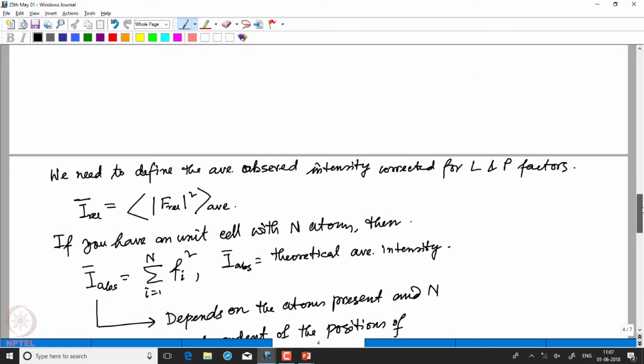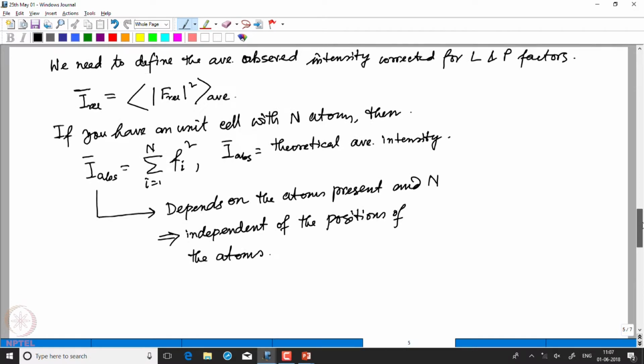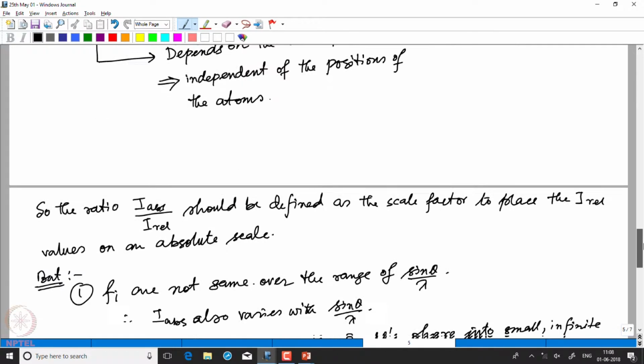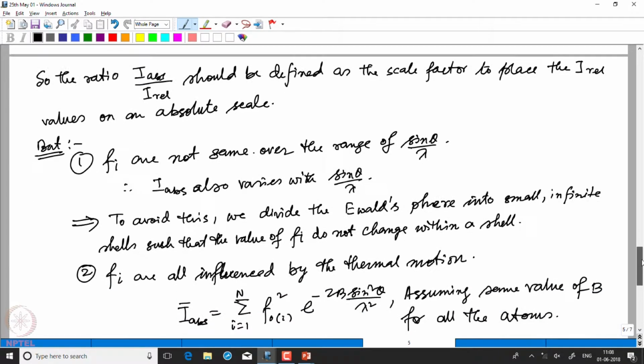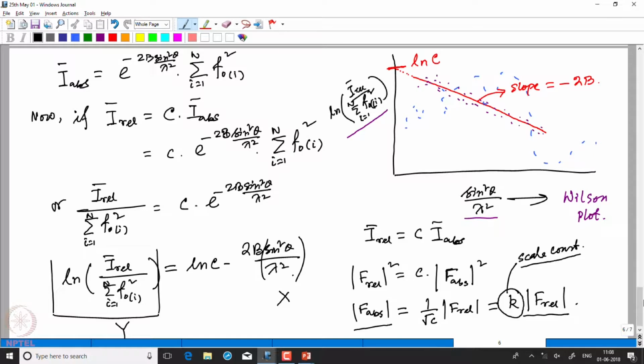Then we tried to understand the relationship between I relative versus I absolute, and in that process we ended up seeing a plot called the Wilson plot, which is given here.